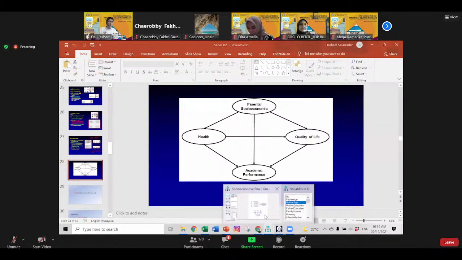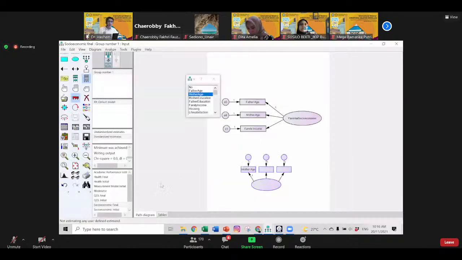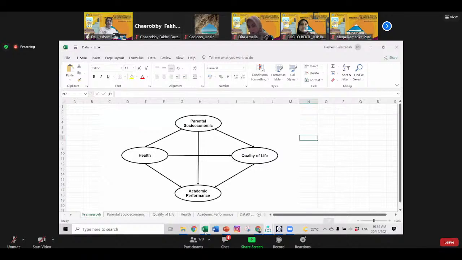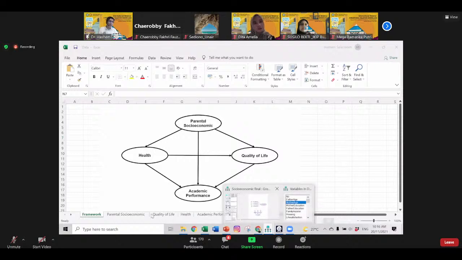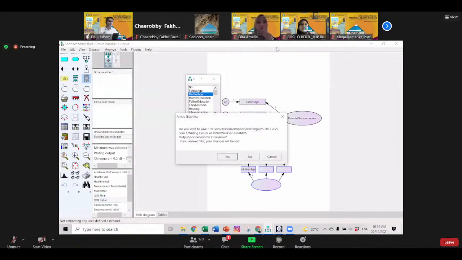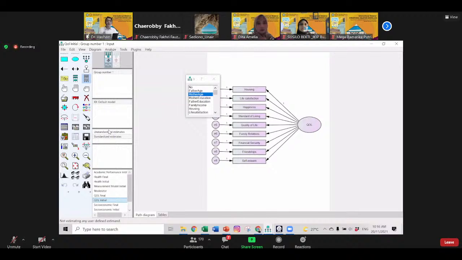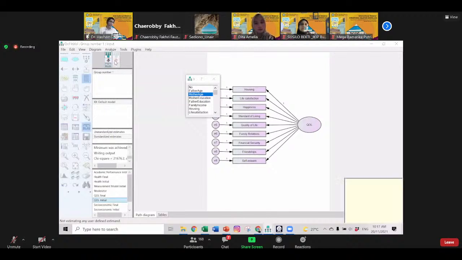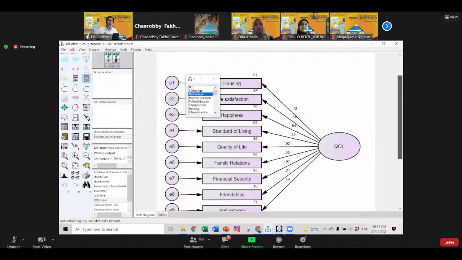Let's go back to our topic. As I said, we have four latent variables. We have done parental socioeconomic, and also here, for example, quality of life initial, and here you see I put nine indicators. Then I run the data, and you can see the factor loading of every measurement variable with the latent variable.